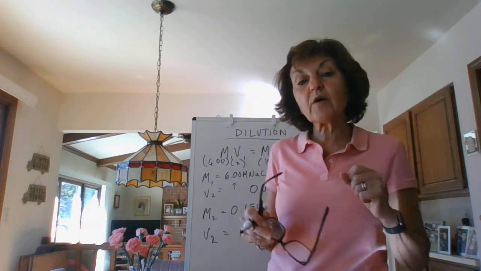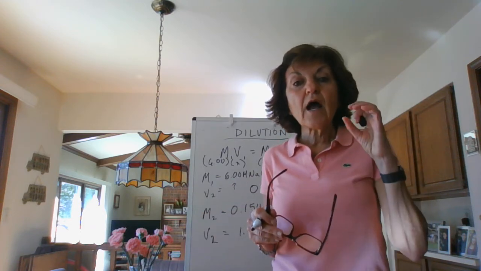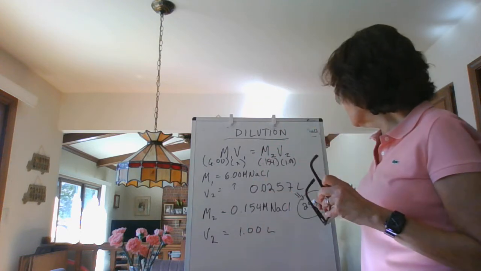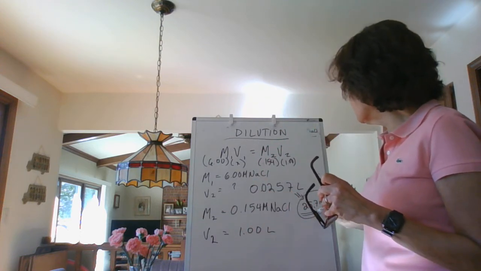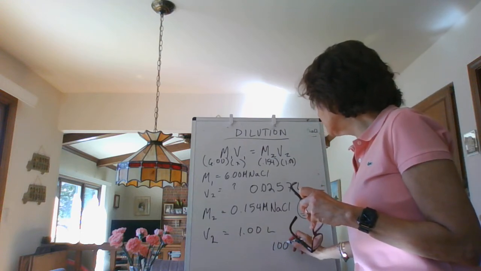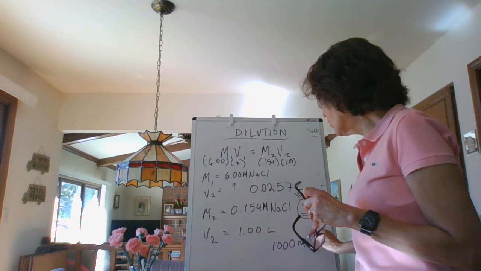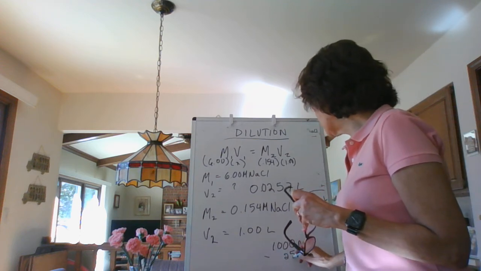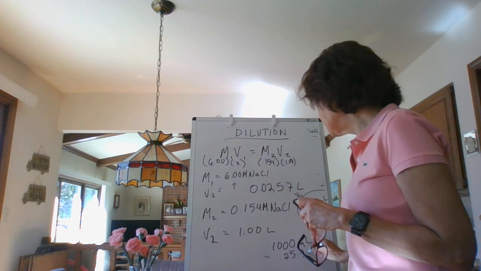Okay, what if the question asked, how much water must you add to this? So you know that you need to take 25.7 milliliters. So how much water are you going to add? Well, you want it to be a whole liter, which is 1,000 mL, minus 25.7 mL.